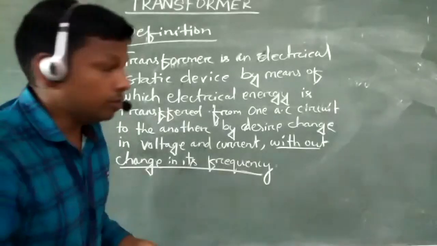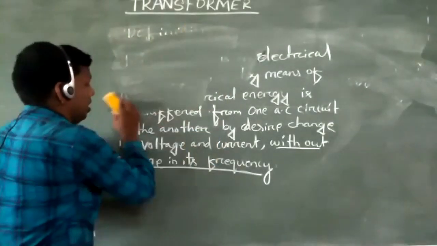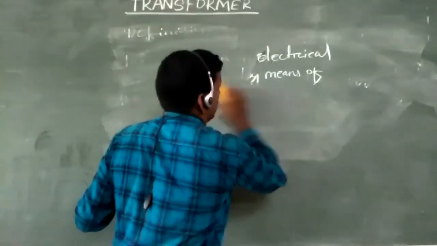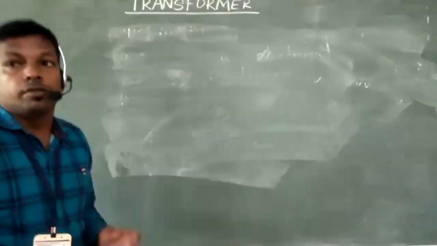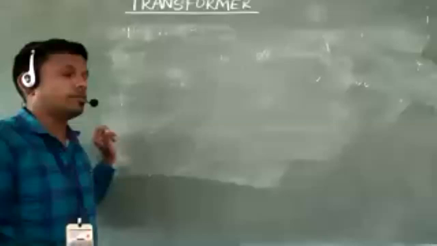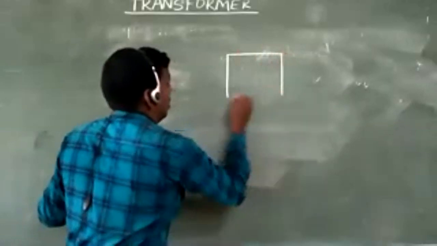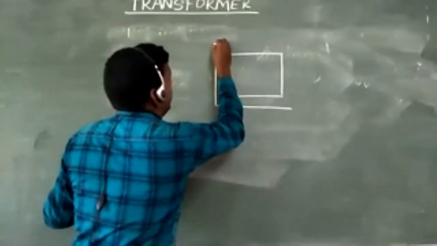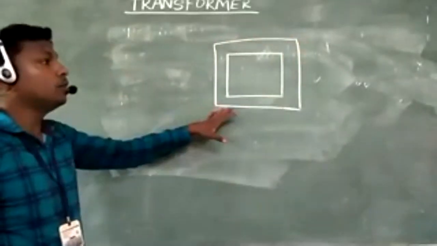Then we go to the working principle of transformer. Before going to the working principle, we need a basic, simple transformer structure. In the transformer, we have a magnetic core. I just draw a rectangular core.